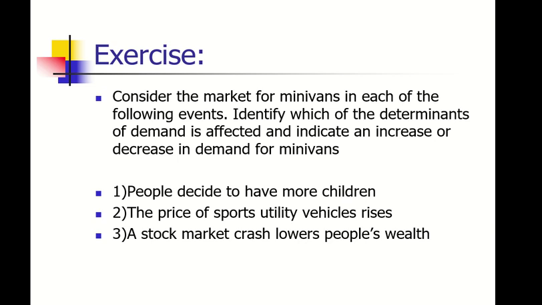People decide to have more children. When you go over the list of determinants of demand that we went over last time, which one do you think is most relevant here? Let's give it a pause.